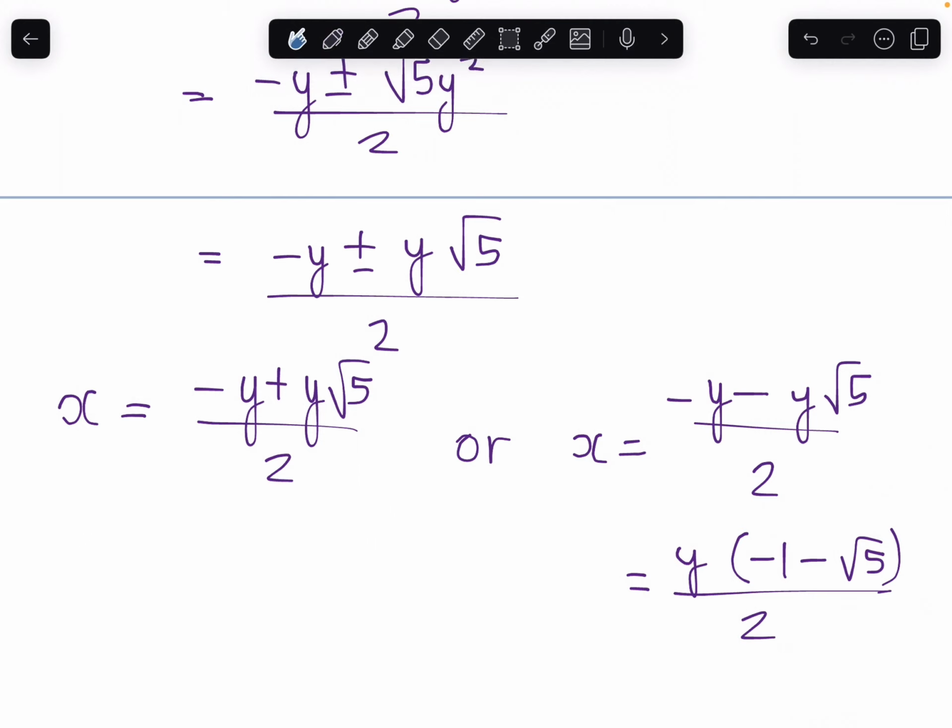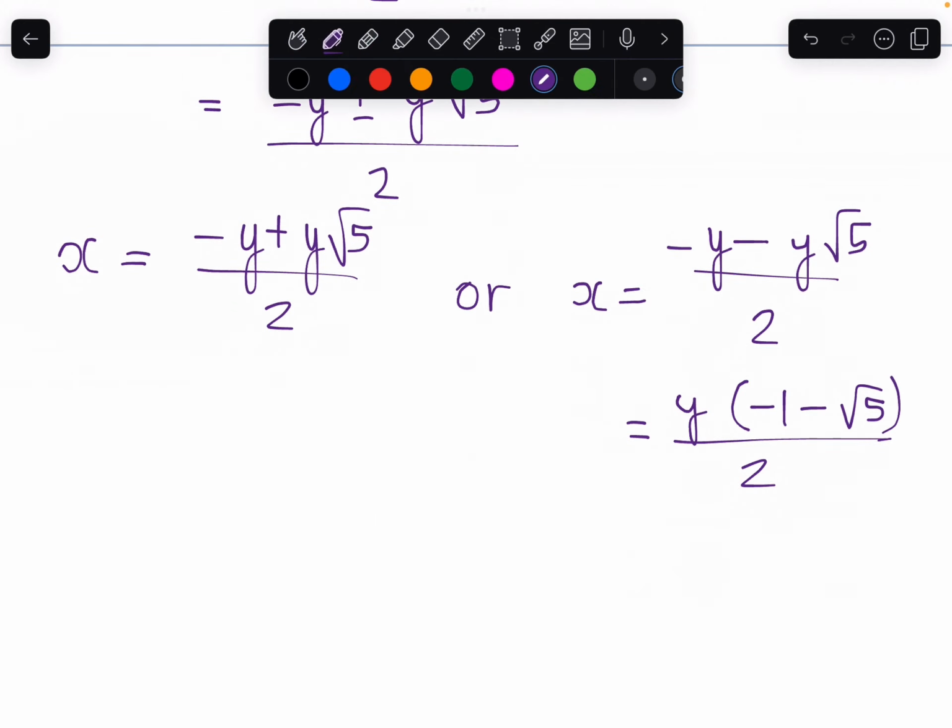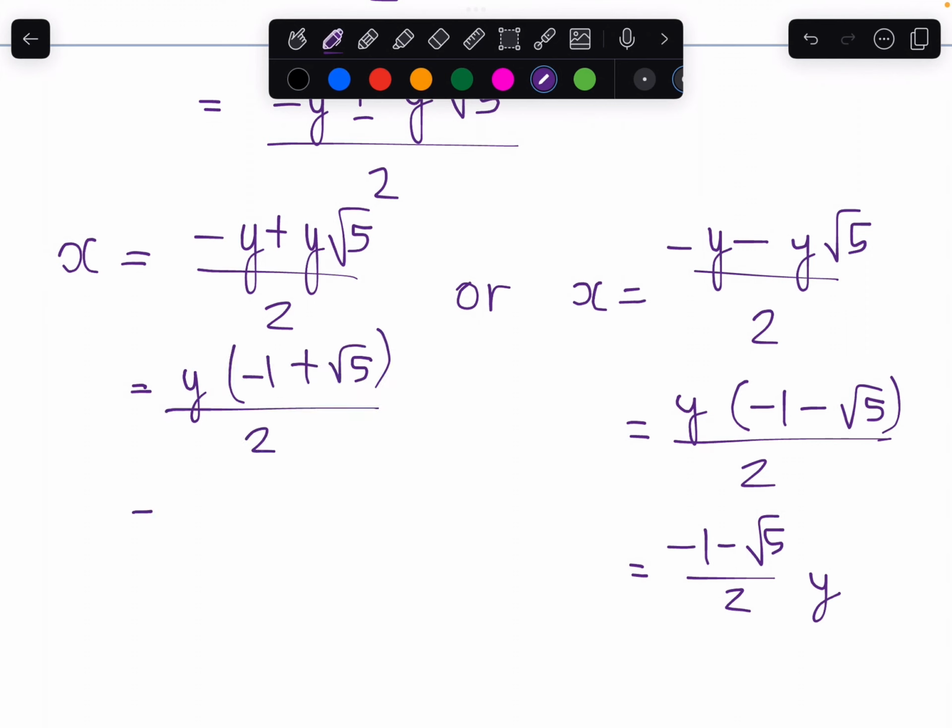So this is minus 1 minus root 5 over 2 times y. And similarly for this one, this is minus 1 plus root 5 over 2 times y.